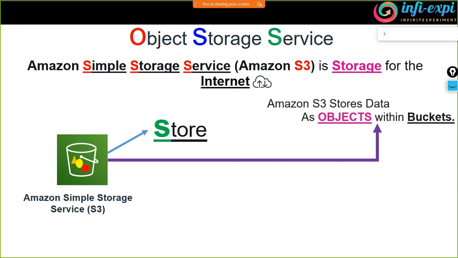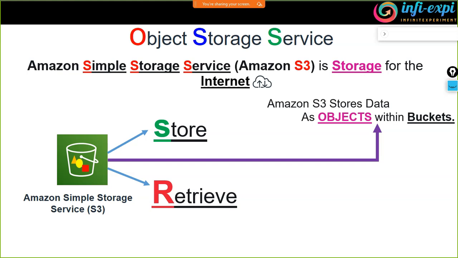The objects which are stored within the buckets are accessible. You will store the objects into the bucket, and you can access them, which means you can retrieve the objects from the bucket as well.